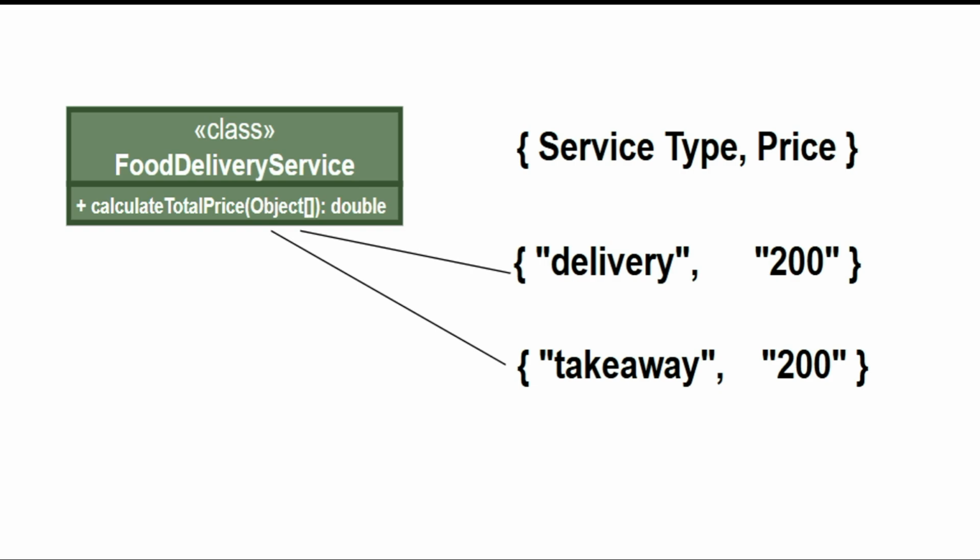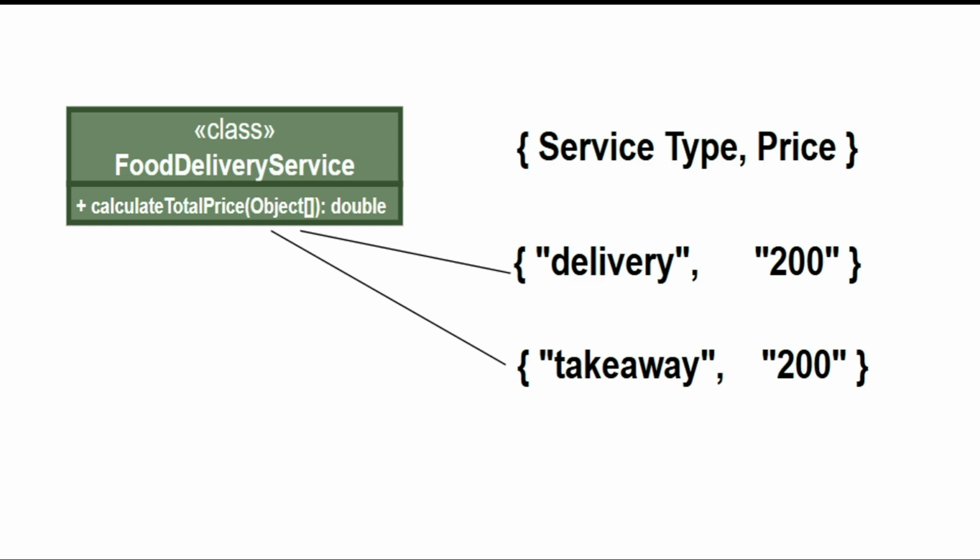So using the delivery text, we have specified that it is a delivery order, and in the second argument, we are passing the price of the item. In the second array, the first value is a takeaway. So it means that it is going to represent the takeaway order, and the price of the order is 200.